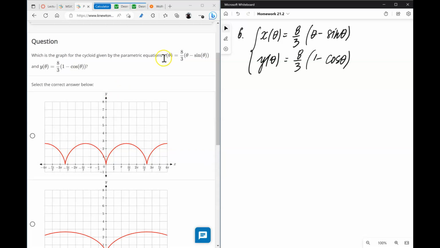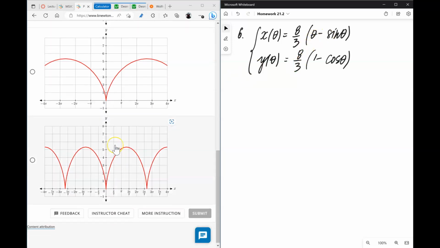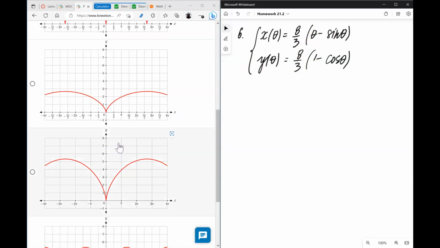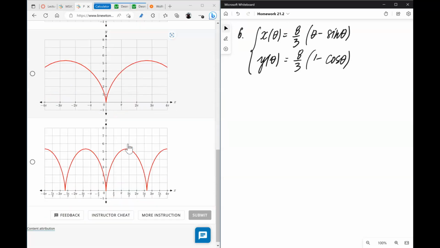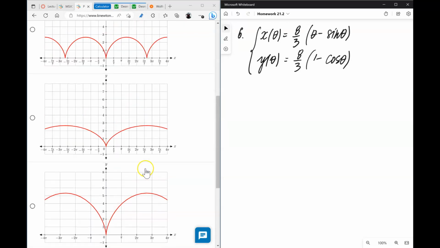When theta is equal to 0, all of them are equal to 0. Okay. When theta is equal to, let's say, pi over 2, this is when y is equal to 0 for the first time. Cosine of 0 is 0. Cosine of pi over 2 is 1.